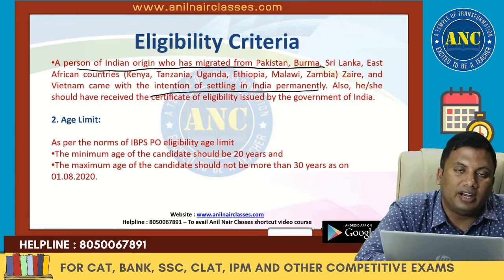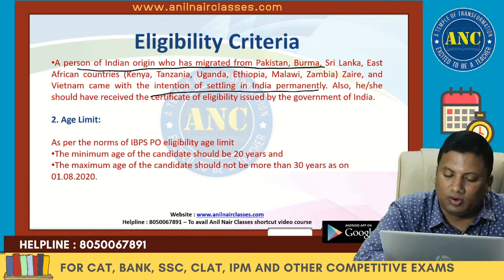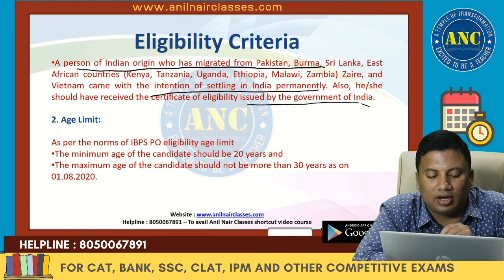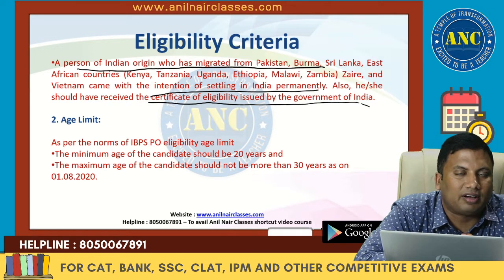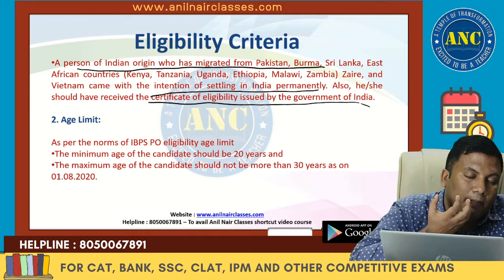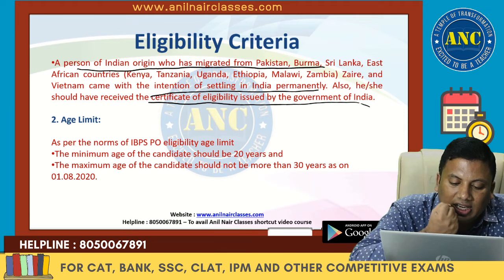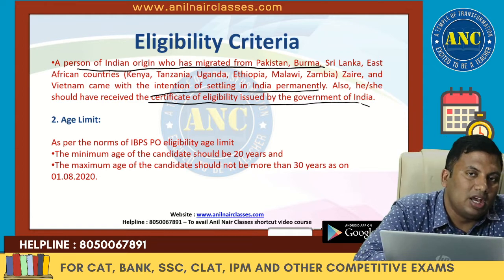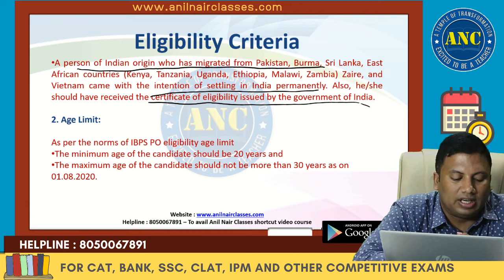A person of Indian origin who has migrated from the countries mentioned in the notification must also have received the certificate of eligibility issued by the Government of India. You can be a person who is not a citizen of India but migrated from Pakistan or other countries mentioned in the notification and received the certificate of eligibility. You can also write the IBPS PO 2020 examination.